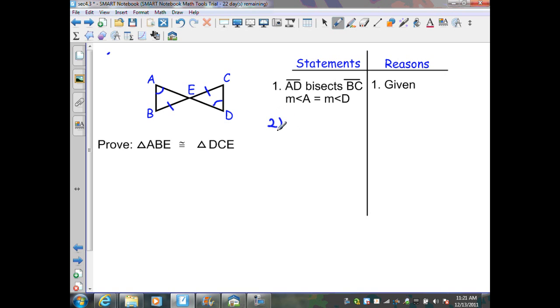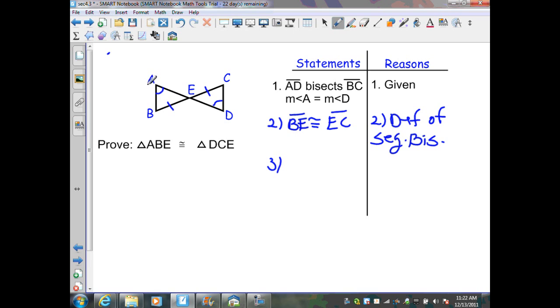So step 2 is BE is congruent to segment EC. And that would be because of the definition of a segment bisector. You could also put definition of a midpoint because the bisector intersects at the segment's midpoint.